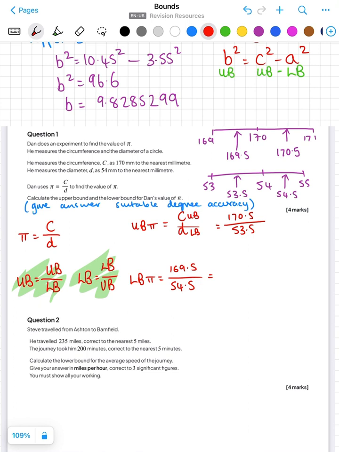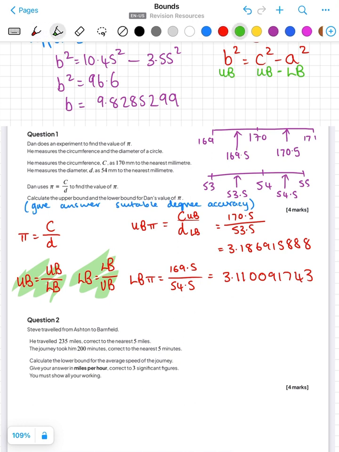Pop these into your calculator. 170.5 divided by 53.5, and we get an answer of 3.186915888. No need to round just yet. Now the lower bound, 169.5 divided by 54.5, 3.110091743.